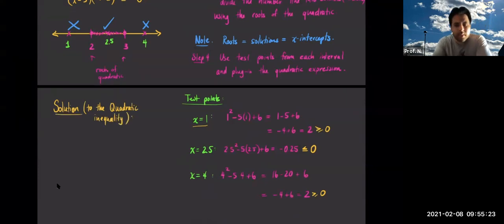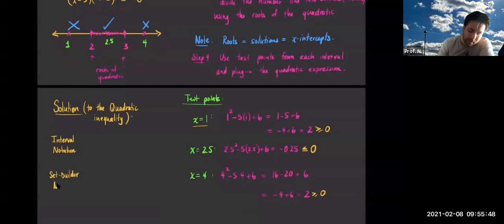So how would we write this? This is the graphical version of it. We can write it in interval notation. We can also write it in set builder notation, and I'll give you both. But the more common one that we're going to use is the interval notation.